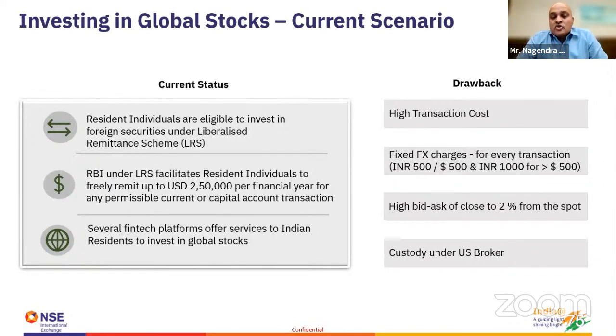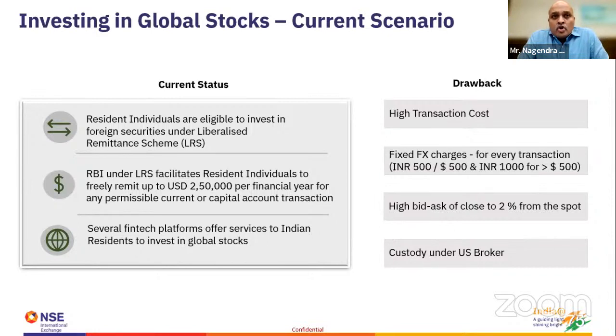And the best thing which is not known to the end investors is there is a back-to-back arrangement between the banks and the platform, right? So some of the banks charge as high as 1,000 rupees when you're remitting funds to trade in US stocks. And if you look at the bid ask also, if the RBI rate is 75, you will get a rate which is plus or minus 2%.